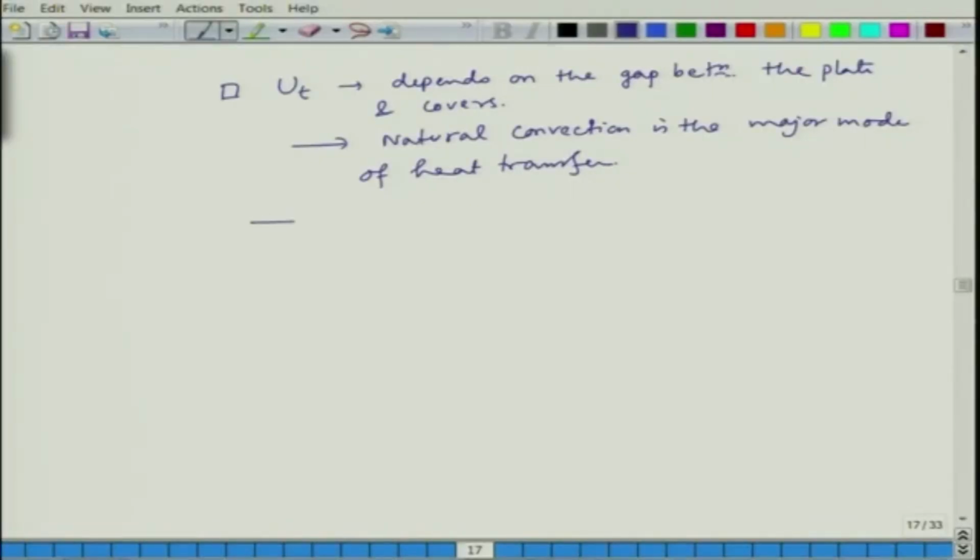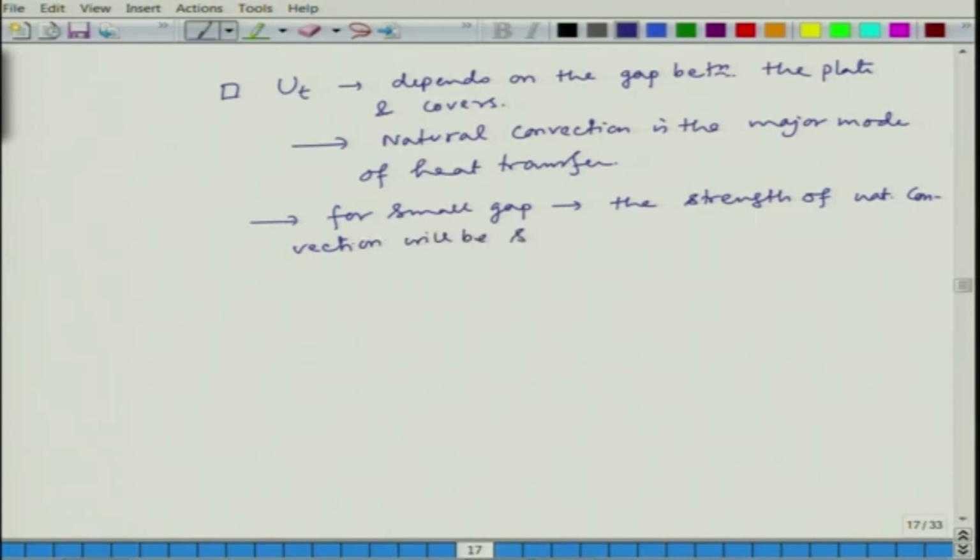So, we can say that for small gap the strength of this natural convection will be small, right, because it depends on the length scale.